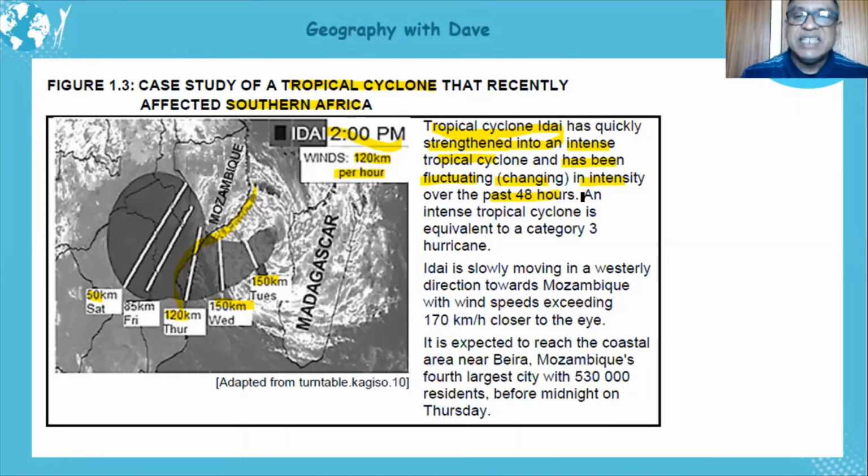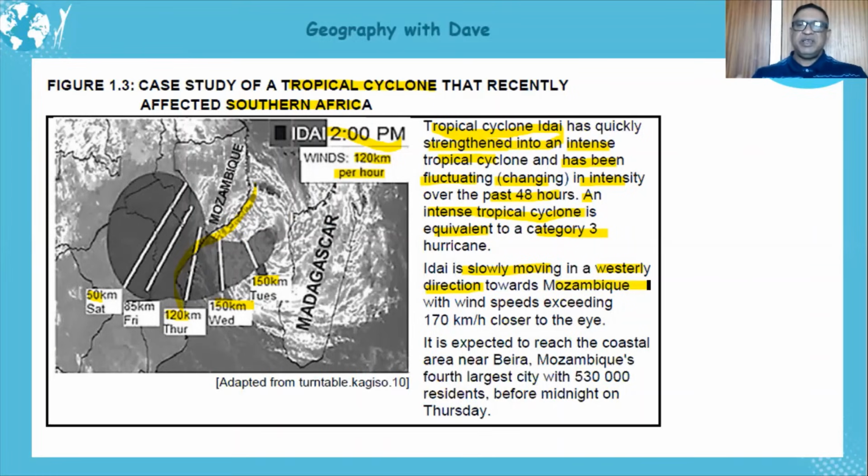An intense tropical cyclone is equivalent to category 3. Why is this examiner giving us this? An intense tropical cyclone is equal to or is equivalent to category 3. So he's telling us category 3 is an intense cyclone. Okay. Idai is slowly moving in a westerly direction towards Mozambique.